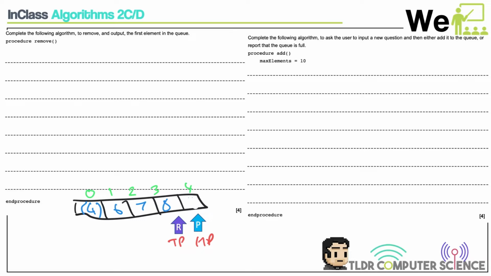It's not full. What is the opposite? Empty. Yep, there we go. Or we could say if head pointer is equal to tail pointer plus 1. Yeah, that would also work for us, which is what we've got here. Beautiful. So let's write that up in either way.